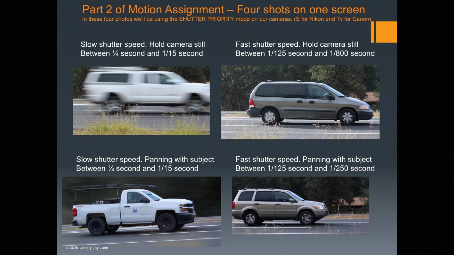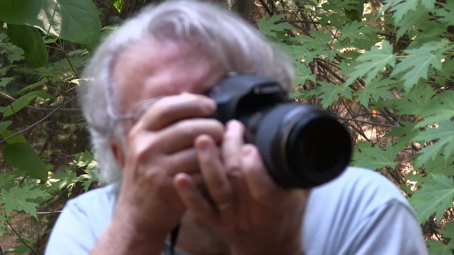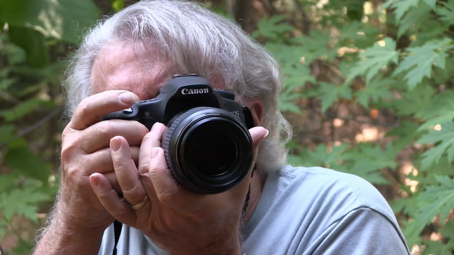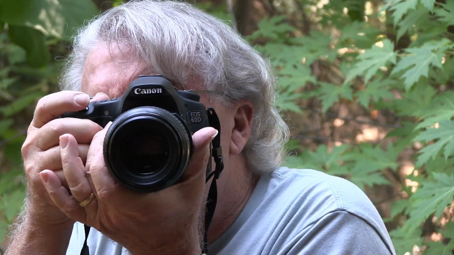Now this is where it changes. We're going to do a slow shutter speed, but we're going to pan with the subject. Again, we're going to do it at 1/4 of a second to 1/15th of a second. You'll see that the background is blurry, but the subject is sharp. When I say panning, we're following the action of the subject and keeping the subject in our frame.